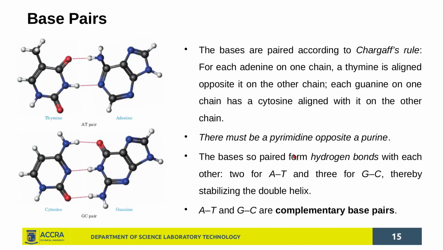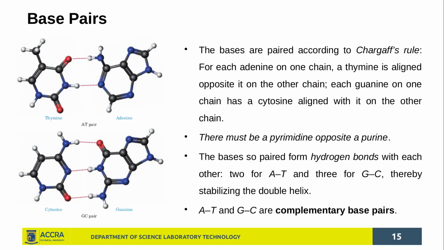Now, the bases that have these hydrogen bonds between them are referred to as complementary bases. This is based on what is referred to as Chargaff's rule, which states that for each adenine in a chain, you have a thymine opposite to it that is bound to it.